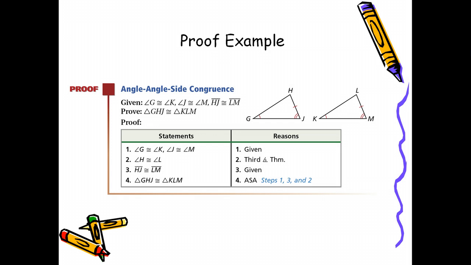And then if we have that given, then we do have included angles, and we can say by angle side angle from steps 1, 3, and 2, these two triangles are congruent. By being able to prove that H and L are congruent, it gives us an included side.